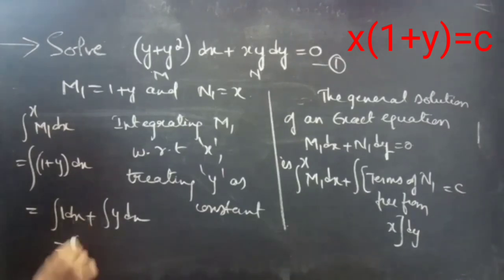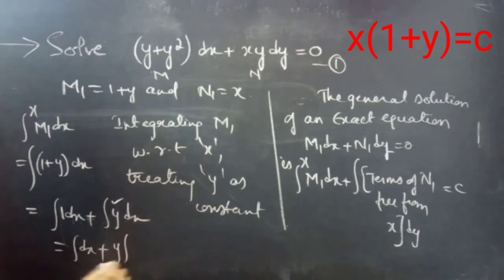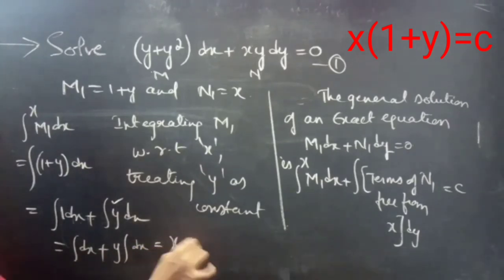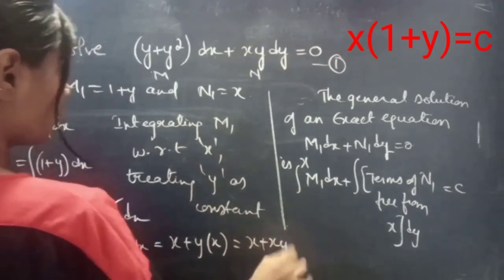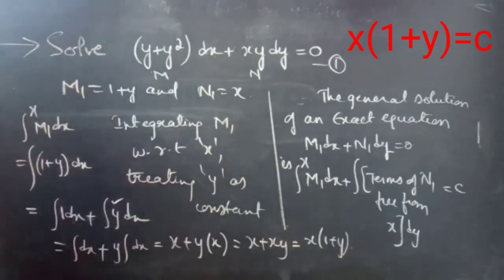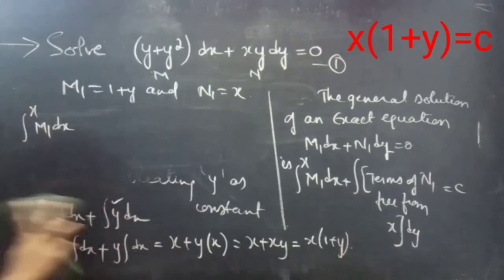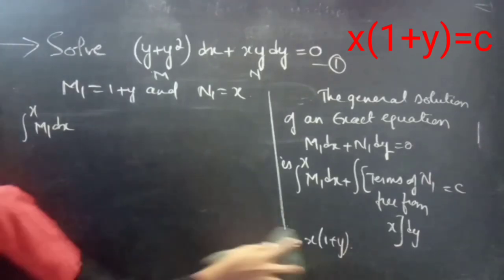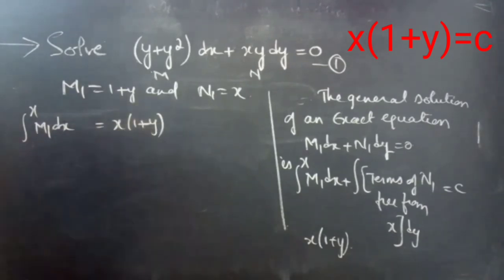Let's write the constant y outside the integral, so we get y times integral dx. Integral dx is x, plus y times integral dx is x, which equals x plus xy. Taking x common from these two terms, you'll get x times (1 plus y). Therefore, the integral over x of M1 dx is x times (1 plus y).